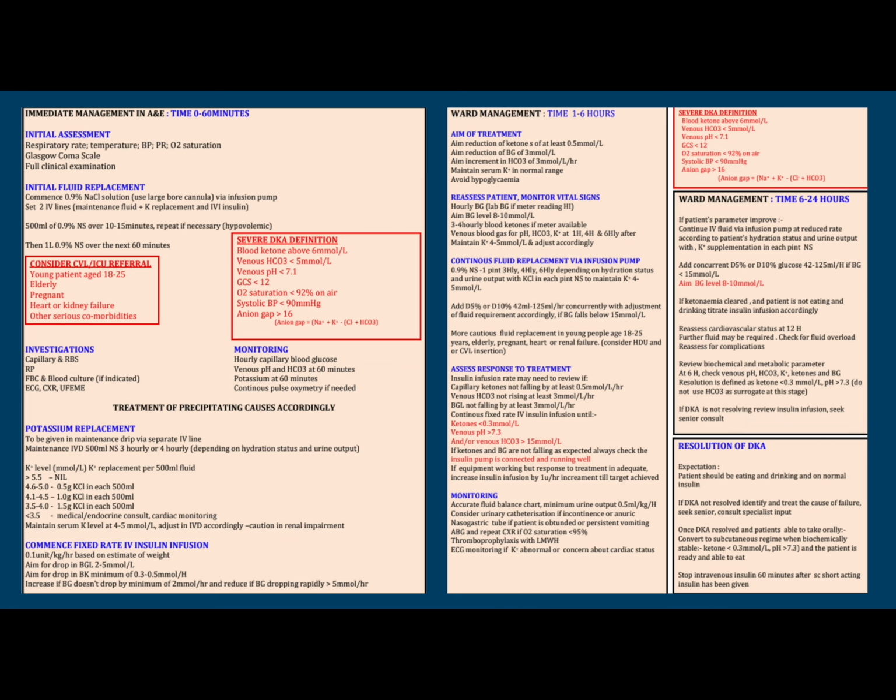The resolution of DKA begins when the patient is already able to eat and drink on their own with normal insulin, and the patient is usually feeling much better with resolution of ketonemia and acidosis on blood gas. At this point of time, you can consider to overlap the intravenous infusion of insulin with basal bolus regimen of insulin.